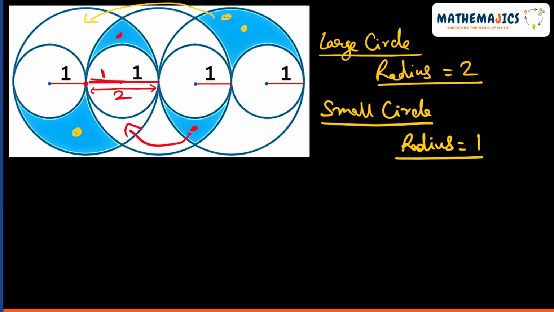Let's see how. So first of all, I will shift this red one to the first circle and see what we will get. Now, since we have shifted this area here, this will become white. Yes, this will become non-shaded.